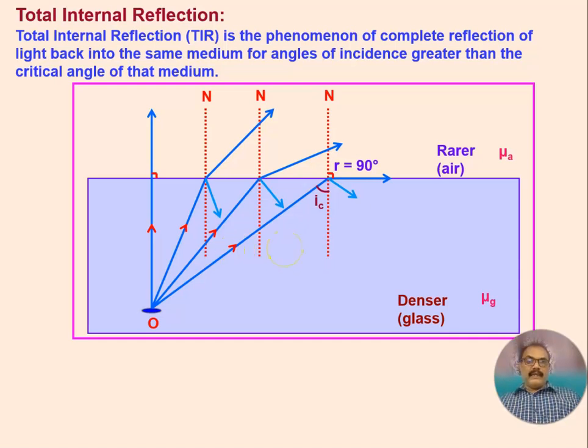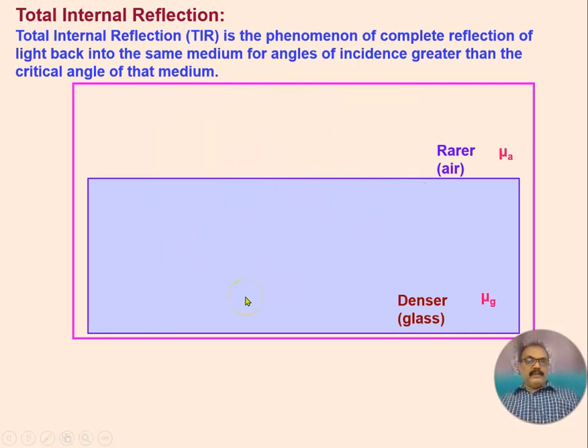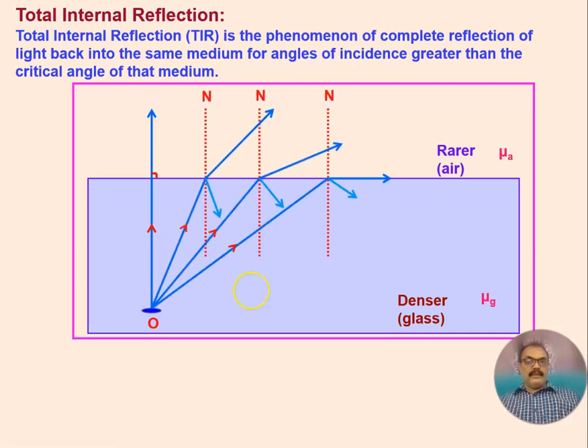After this critical angle, the ray which is coming from the object will not go to rarer medium, it will bend in the same medium of denser, the optical denser medium. This phenomenon of bending into the same medium is called total internal reflection. Once again you can see, light when it goes, it will be straight, then first light, second light, third light, then here critical angle will come, then total internal reflection.